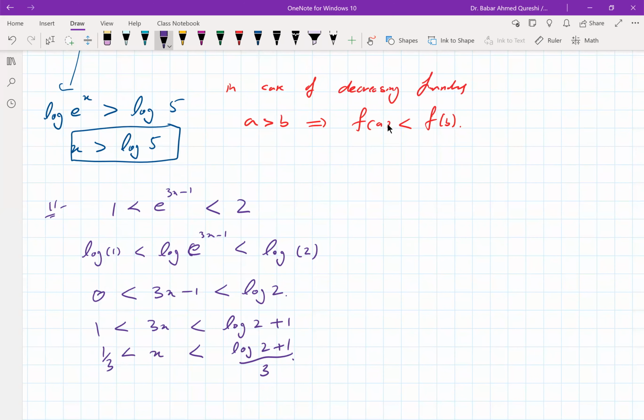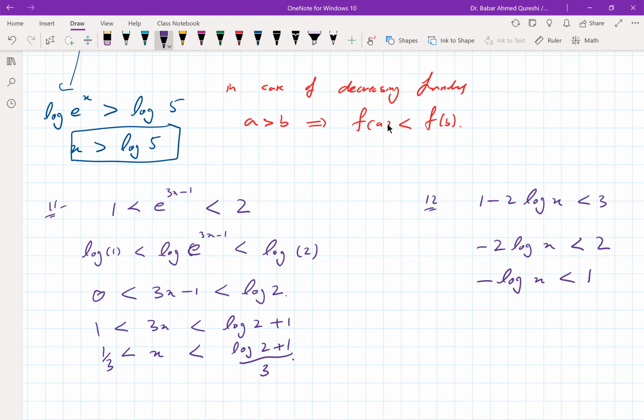Similarly, we can start from, let's take this one. So I have minus 2 log of x is less than 2. I divide by 2, I get minus log of x is less than 1.